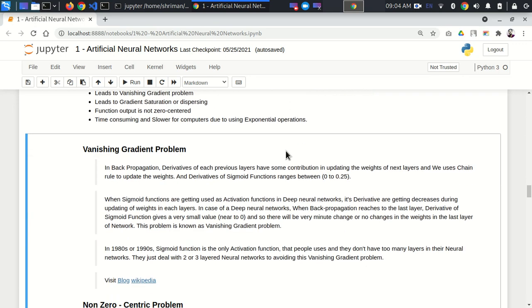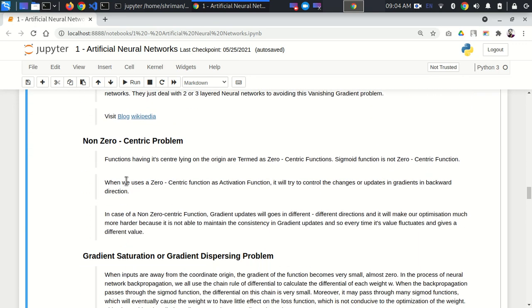When we use a zero centric function as the activation function, it will try to control the changes or updates in the gradients in the backward direction. So again, there is some kind of mathematical property: if you use a zero centric function, it will give you some control over the changing of weights in a specific direction. So it is very much required.